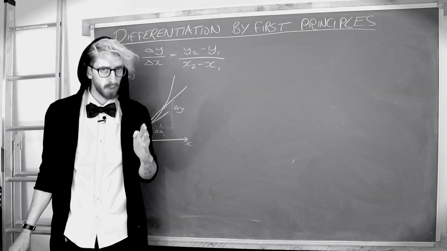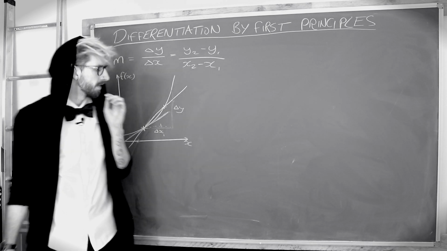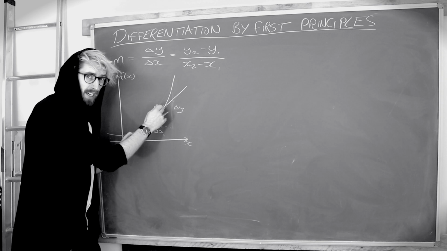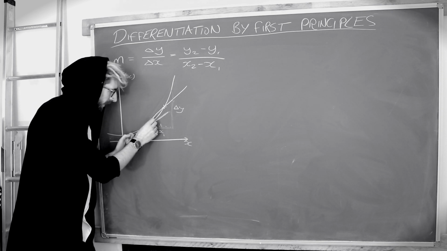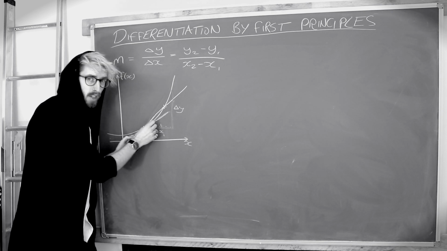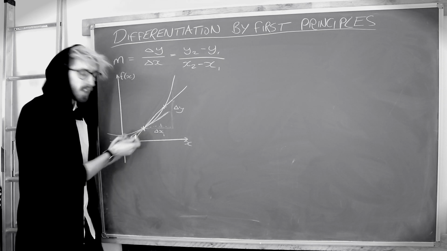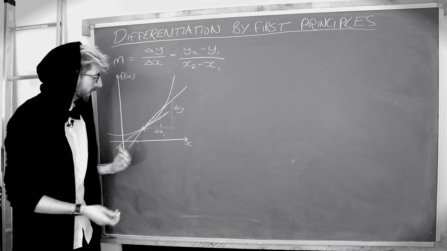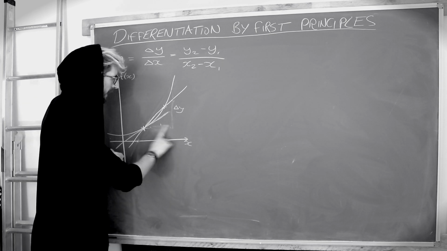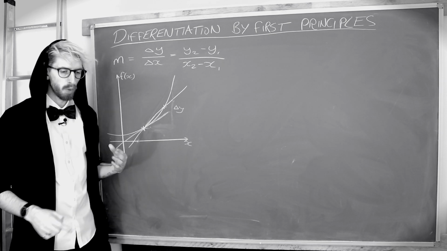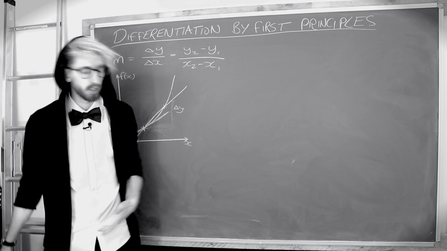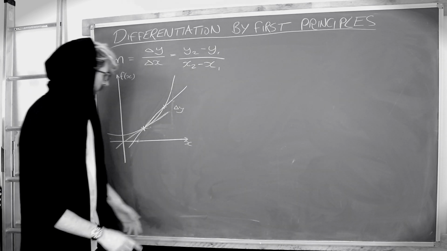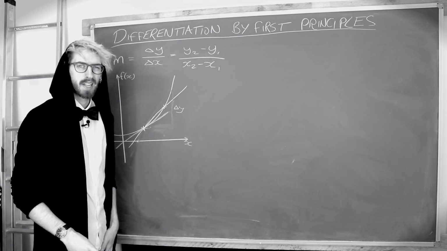Now, this is a beautiful little bit of mathematics. We say we need that point closer and closer and closer, even closer, until it is just the tangent line. The way we do that is we say our change in x, instead of going 1 in the x direction, is a little step that we'll call h.